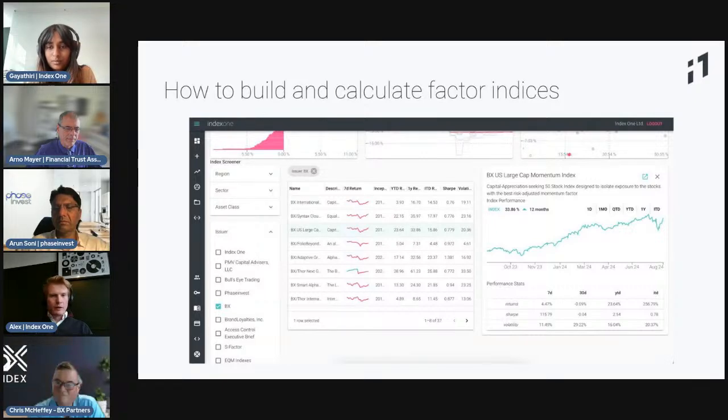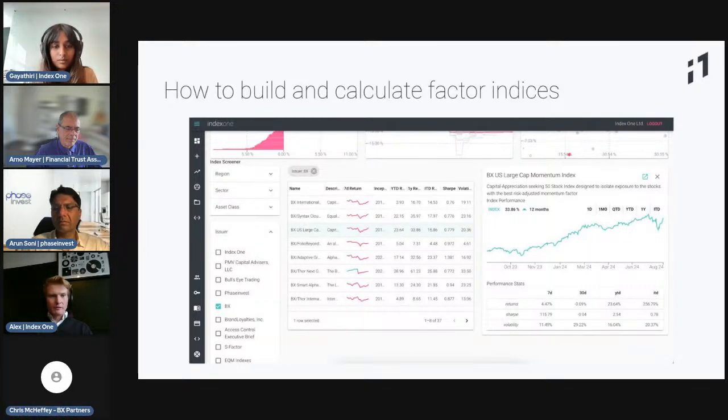But if you look at the research and the work that's been done by, for example, Phaseinvest and Financial Trust, you have far more complexity, far more alpha, clearly from the performance. And there's just more taken into account, like regime changes or phases, and using more granular data from the financial statements or exchange data. I do like seeing this space progress at the speed it is progressing, and we're happy to be part of this as a service provider.